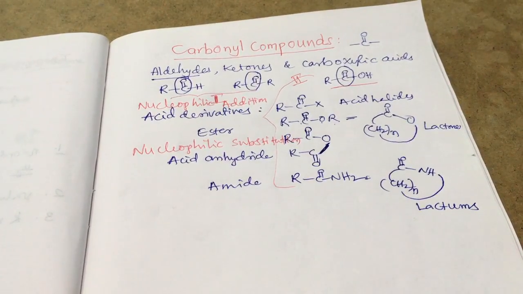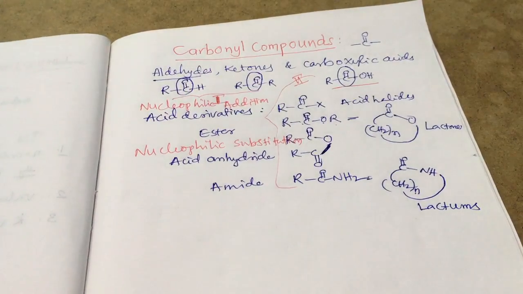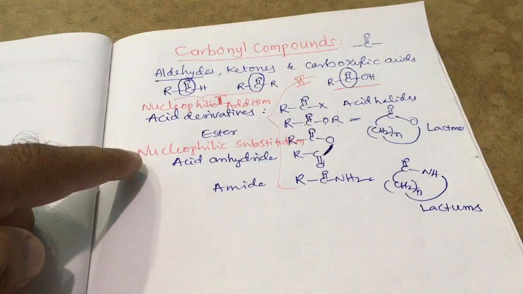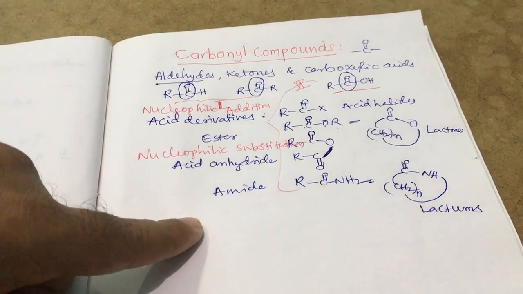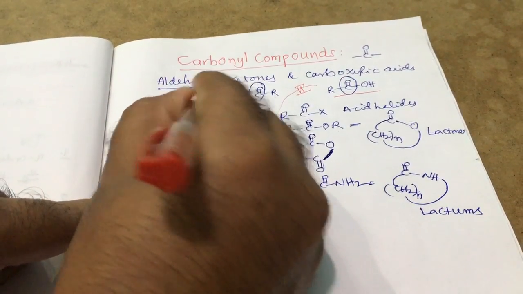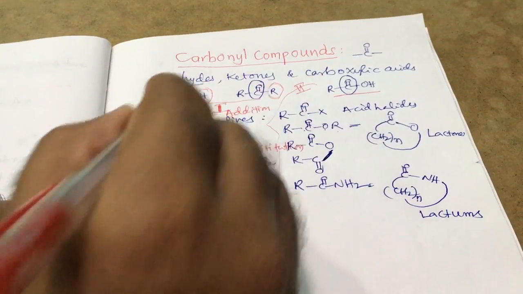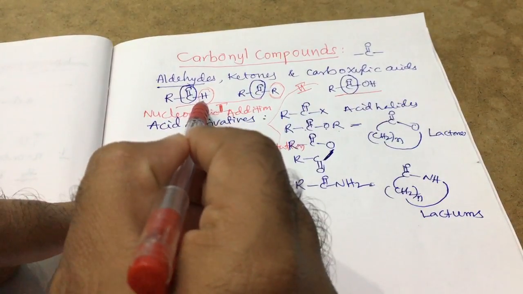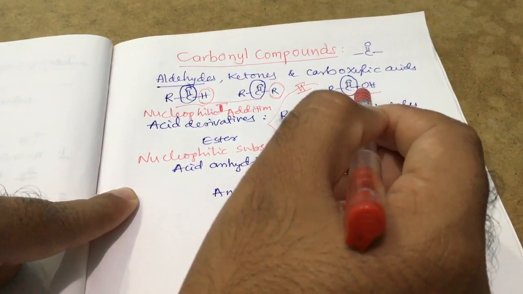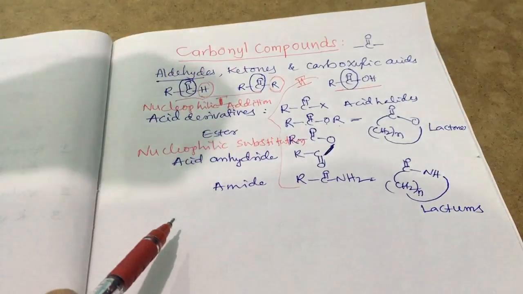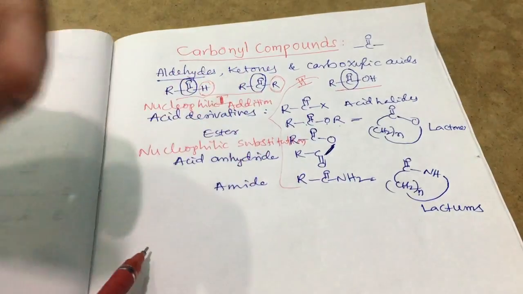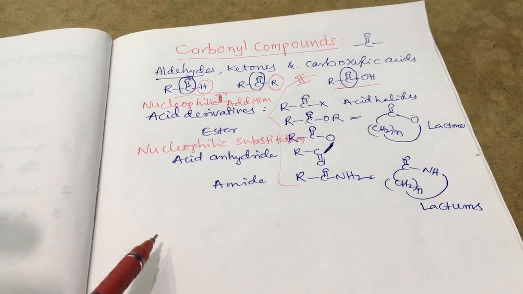Carbonyl compounds mean not only aldehyde and ketone, these all are considered carbonyl compounds, but aldehydes and ketones will undergo nucleophilic addition reaction, and the remaining will undergo nucleophilic substitution reaction, because compared with H and R, here this is a leaving group. H and R are very poor leaving groups for substitution. OH is also a poor leaving group, but somewhat better compared with hydrogen, and halogen, OR, the remaining are good leaving groups, though not completely good.